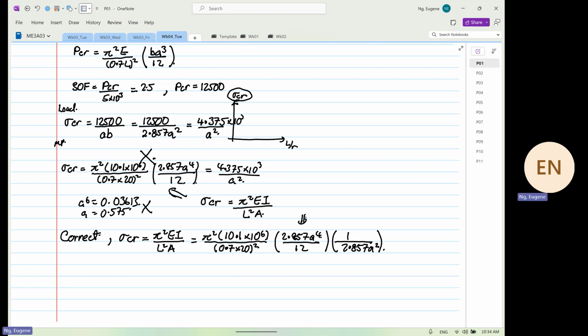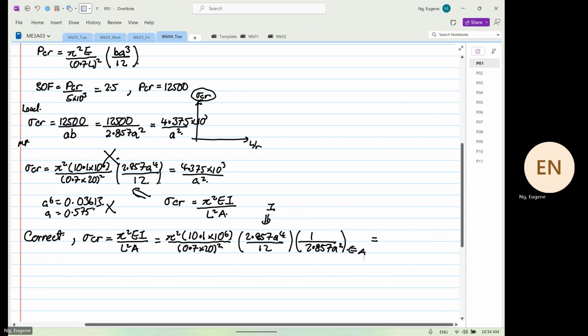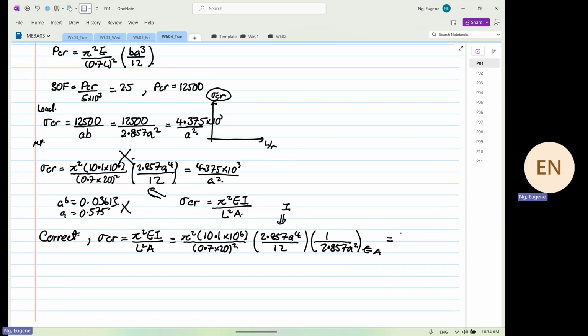So this symbolizes the I over here. This is our A. And then the whole thing will be equal to 4.375 times 10 to the power 3 over A squared.